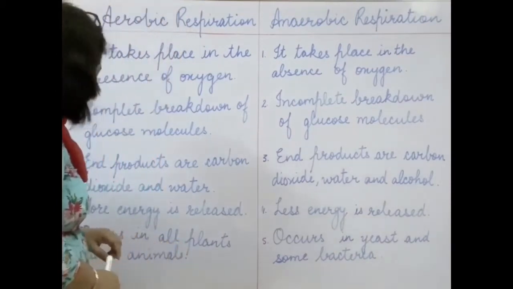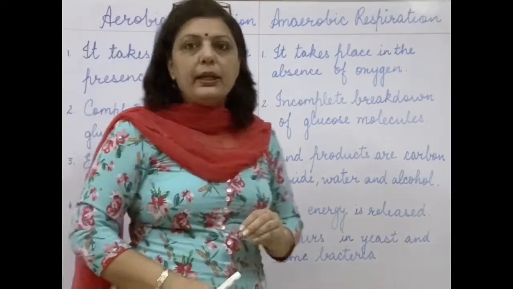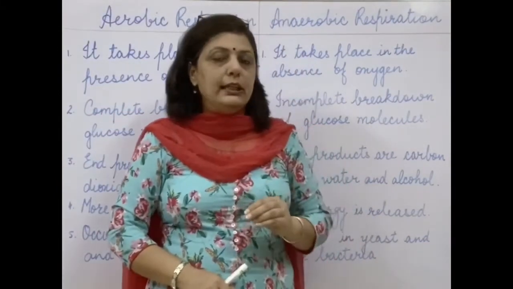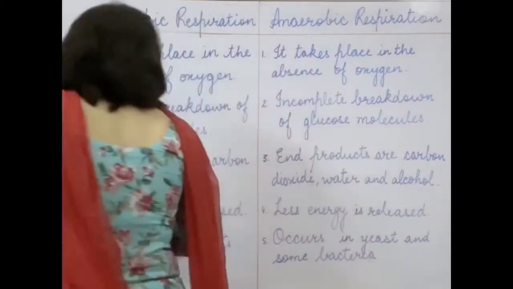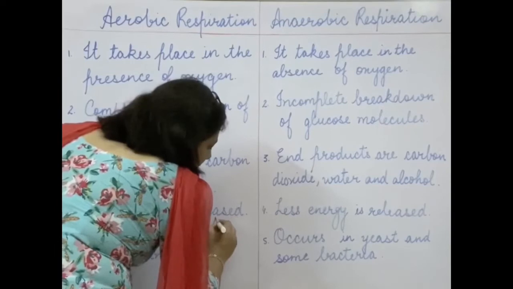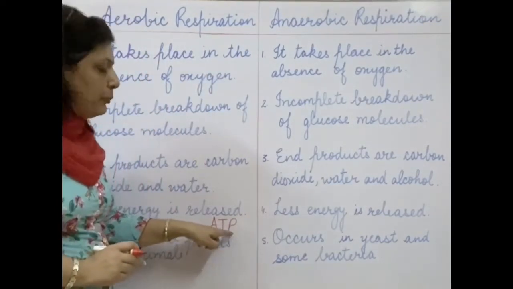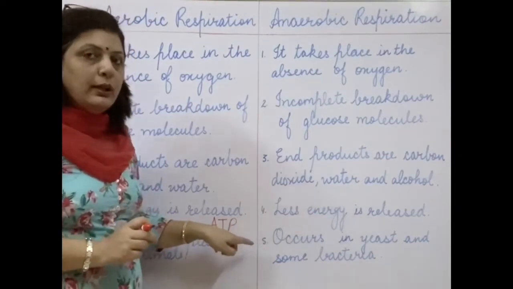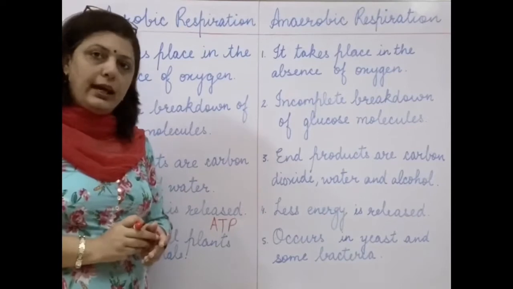Then next I have written more energy is released. In case of aerobic respiration, more energy is released, and energy is released in the form of one molecule which is called ATP. ATP is the name of that molecule which is released as energy.